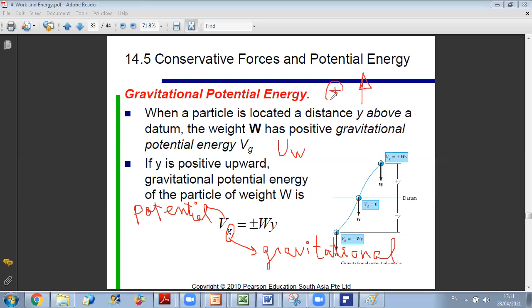For the case of y upward, what is the work of the weight? The work of the weight is minus w delta y.